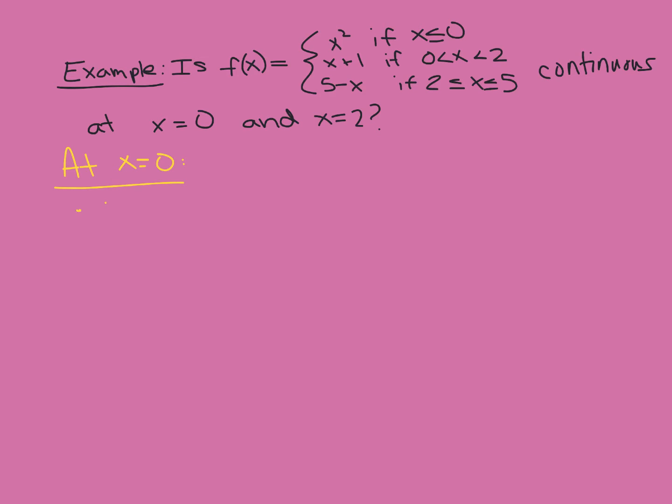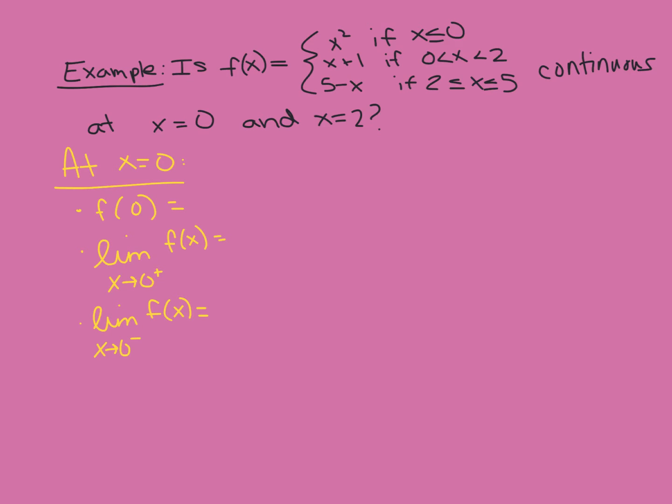I want you to find f of 0 based on the piecewise function we have above. I want you to find the limit as x approaches 0 from the right-hand side. And I want you to find the limit as x approaches 0 from the left-hand side. Go ahead, pause the video, give it a try.